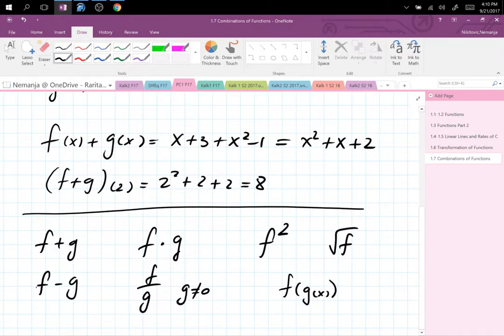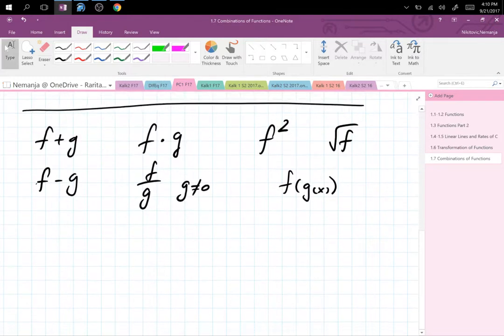This is the one that we are going to address later. You can plug one function into another function, which is called function composition, and that's going to have a whole piece of this lecture devoted to it. But let's first figure out some of these function combinations first.